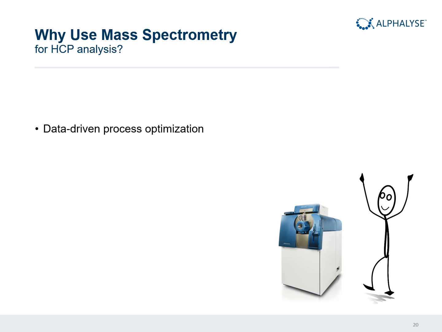So I think in summary, you should definitely use mass spectrometry whenever you start out a new biologics project, because you get access to a more data-driven process optimization. You can base your optimization on real data and not just guessing. You can very soon and early on in your project decide on problematic HCPs.